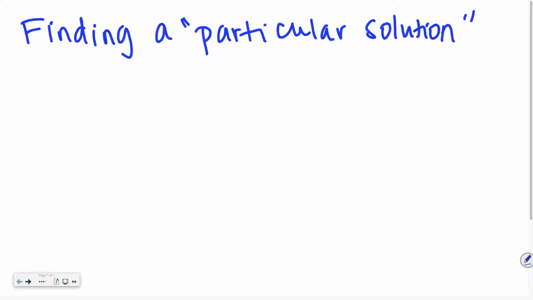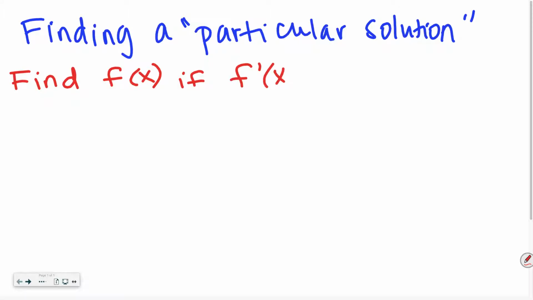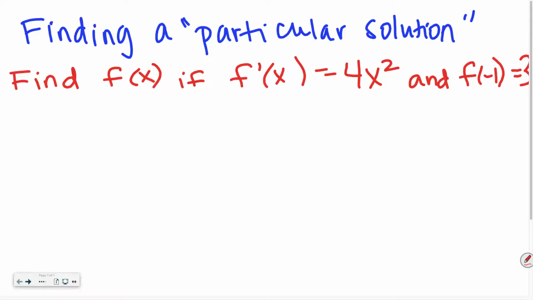All right? So you will be given something that looks like this. It's going to ask you to find f of x if we know that its derivative is 4x squared and f of negative 1 is 3.